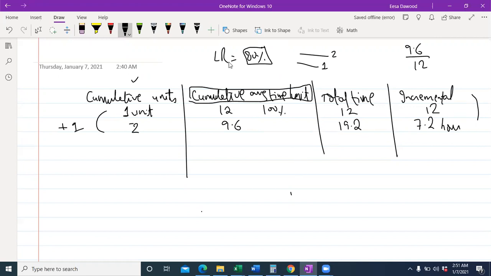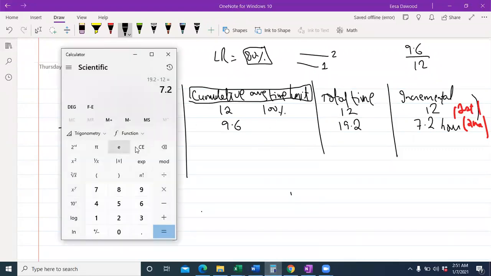So this was the time taken for the first unit, and this is the time taken for the second unit. Now, if I double the output once again, I make two more units. So the cumulative units would be 2 plus 2, which is 4. And now again, the cumulative time per unit would fall by a fixed percentage. The last was 9.6 into 0.8.